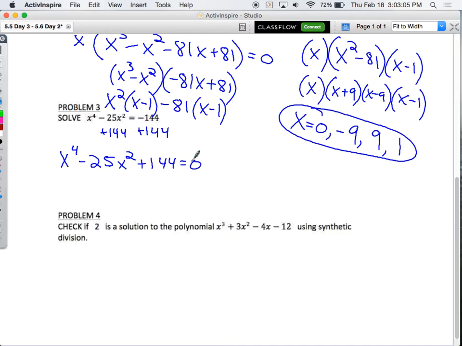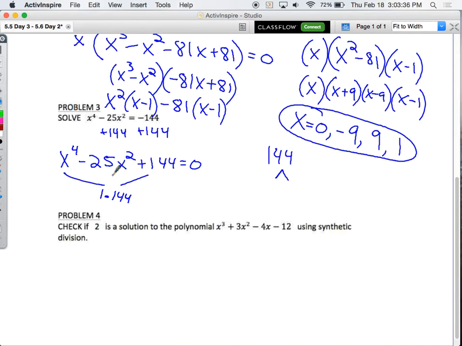Here we do not have 4 terms yet. We only have 3. So here's where we have to do our trick to split up this middle term. So we do 1 times 144, because the number in front of this x is a 1. That gives us 144. We need 2 numbers that multiply to 144 and add up to -25.